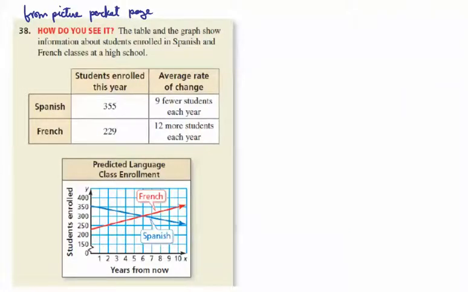Okay, so this came from the Picture Packet, page 5, number 38. We have this table and a graph below that shows information about students enrolled in Spanish and French classes at a high school. In Spanish, there are currently 355 students, but the number of students is 9 fewer each year.